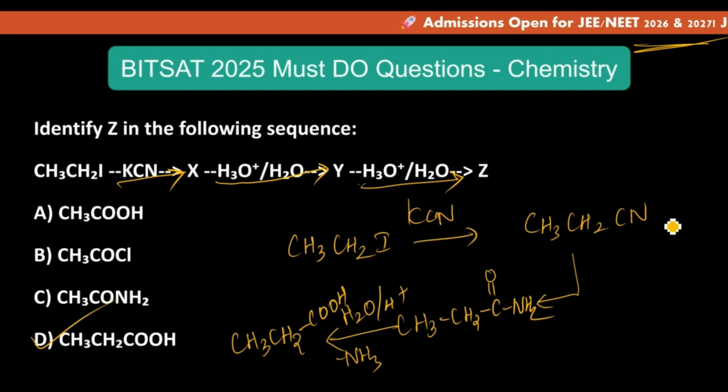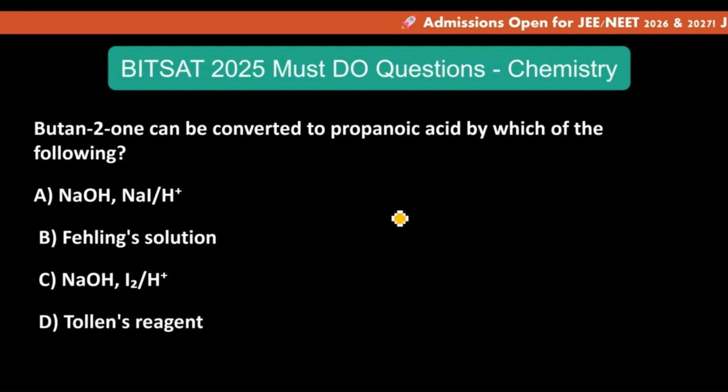propanoic acid. Okay, butan-2-one can be converted to propanoic acid by which of the following? Butan-2-one, converted to propanoic acid by which?